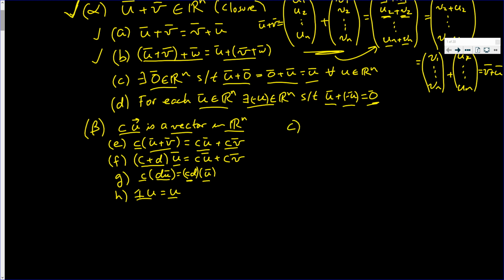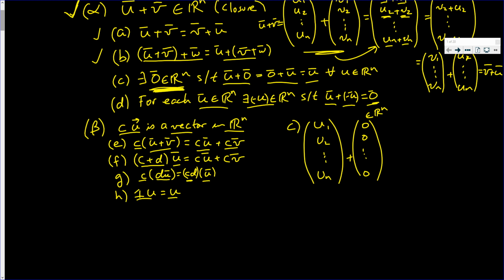Letter C. Now, if I take u, which is u1, u2, all the way up to un, and I add the vector which is all zeros, and you should comment that this is in Rn, because I have to have 0 in Rn, this becomes u1 plus 0, u2 plus 0, all the way down to un plus 0.